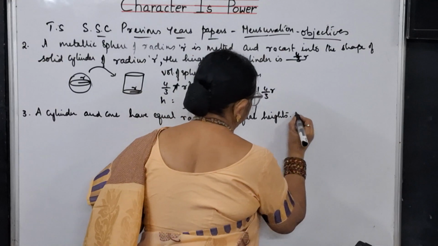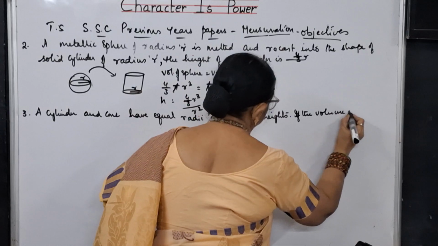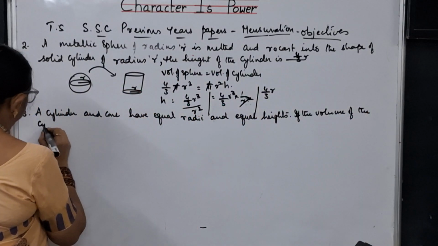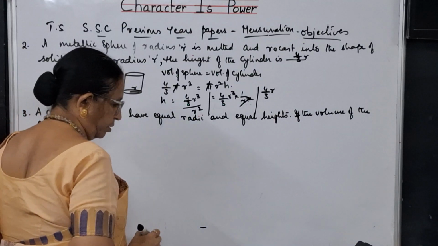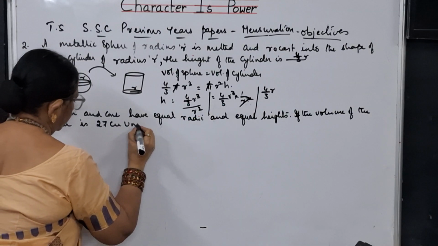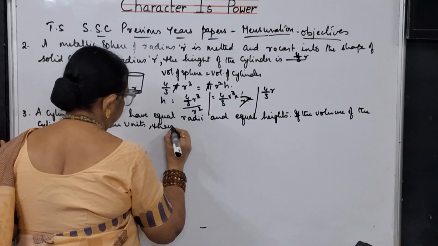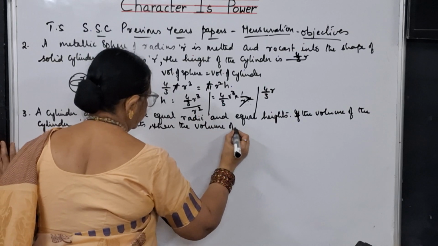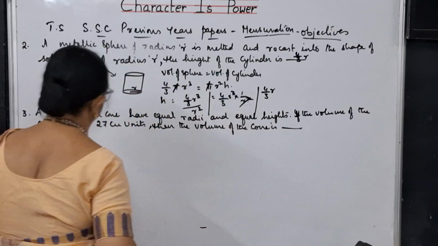If the volume of the cylinder is 27 cubic units, then the volume of the cone is dash.